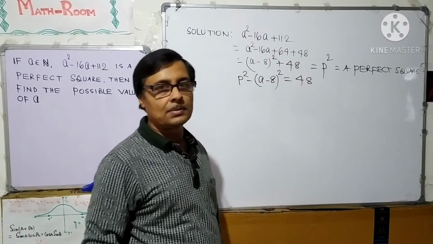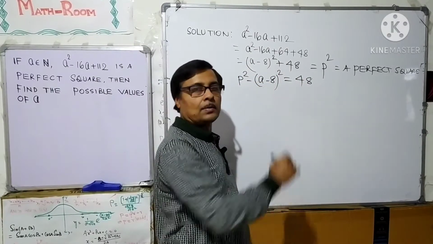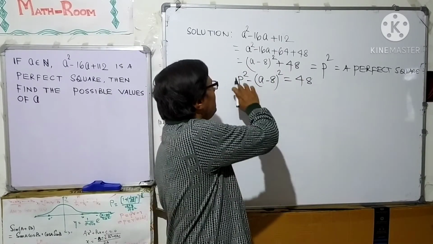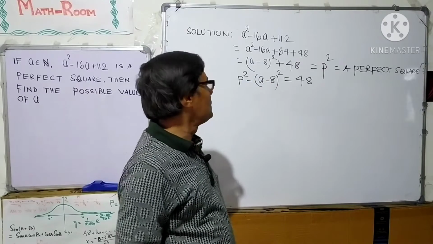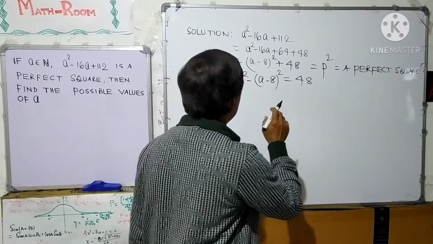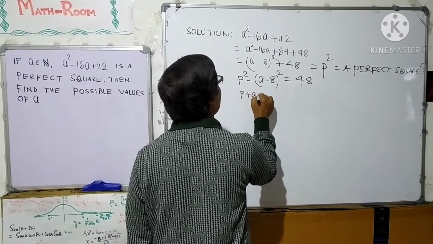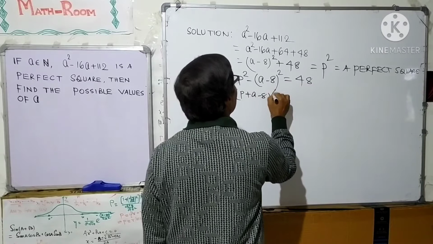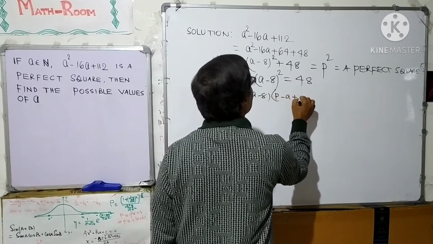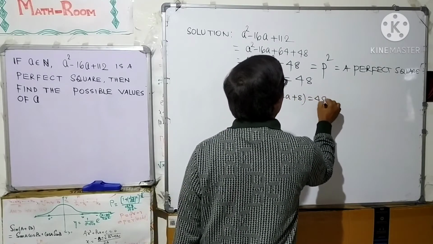So, we can factorize the left hand side of this equation. After factorization we get (p plus a minus 8) times (p minus a plus 8) equal to 48.